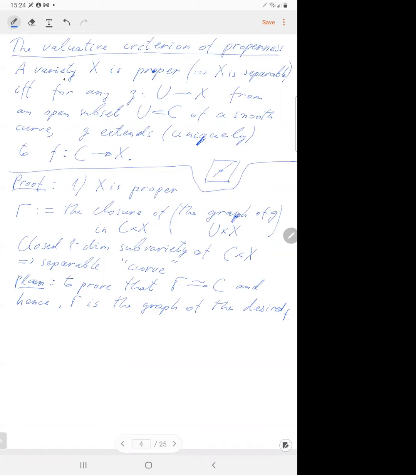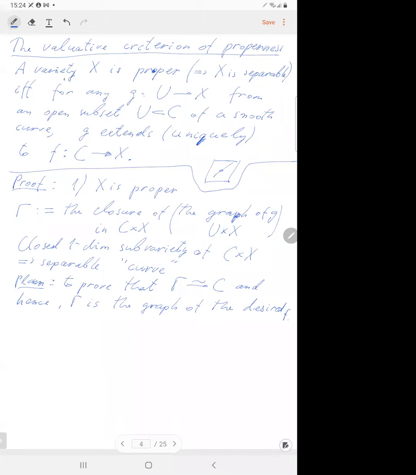We know that if X is separable, then the extension is at most unique. It does not necessarily exist, but it's at most unique. So we're only proving existence because the definition of properness includes separability.